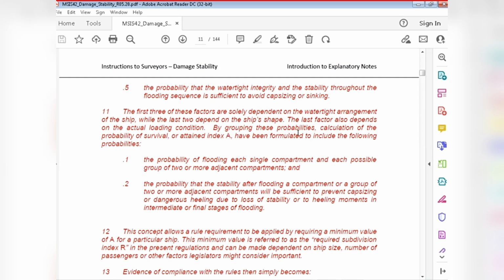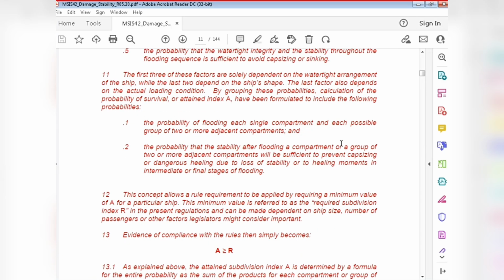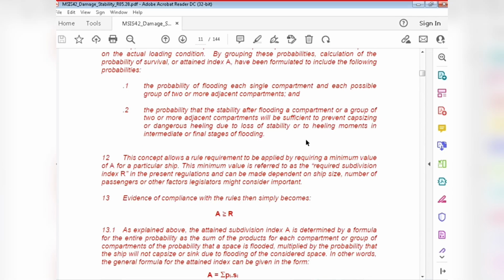So by grouping these probabilities, the calculation of the probability of survival, or attained index A, is formulated to include the probability of flooding each single compartment and each possible group of 2 or more adjacent compartments, and the probability that the stability after flooding a compartment or a group of 2 or more adjacent compartments will be sufficient to prevent capsizing or dangerous heeling due to loss of stability or to the heeling moments in the intermediate or final conditions.